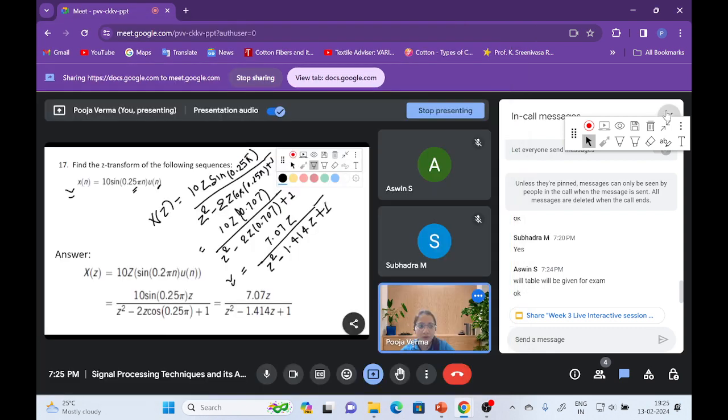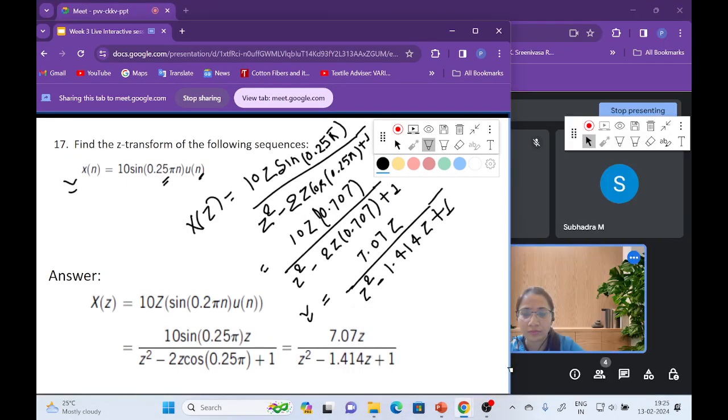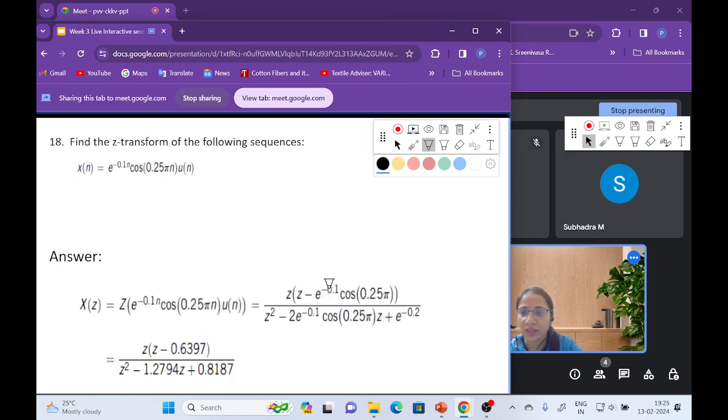Okay. So moving to the next question. Next question: find the Z transform of the following sequence. The sequence given is x of n equal to e to the power minus 0.1 n cos 0.25 pi n u of n.